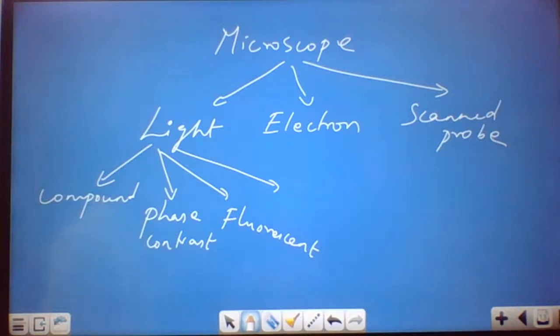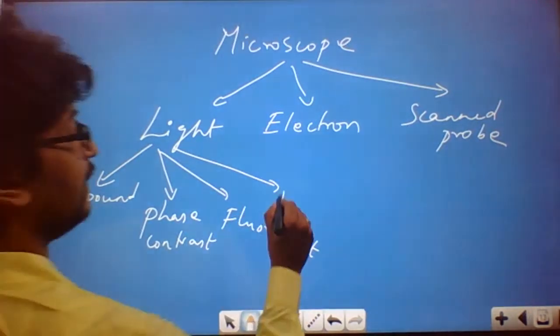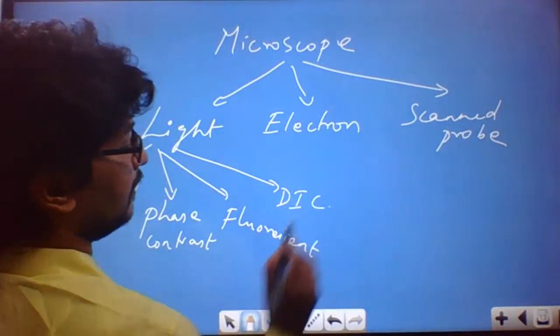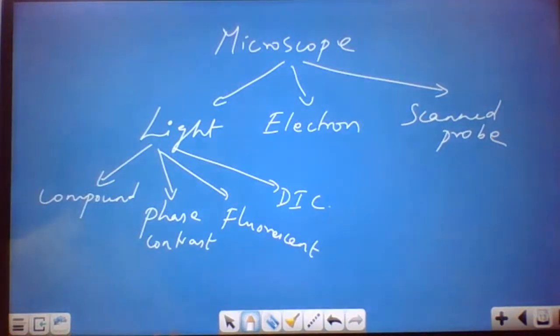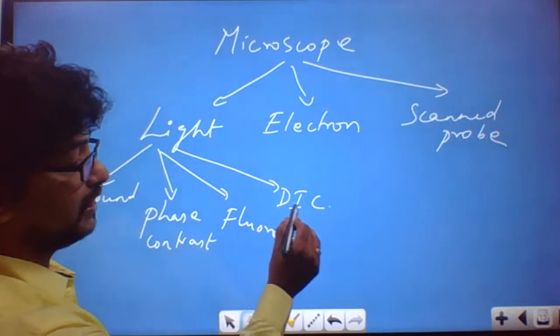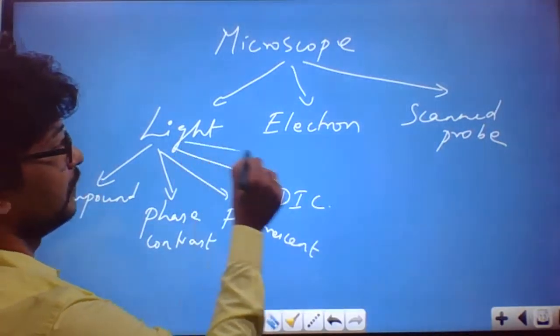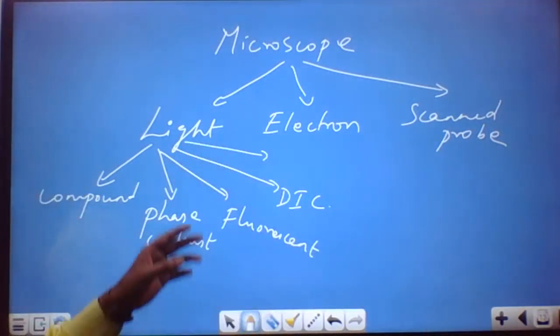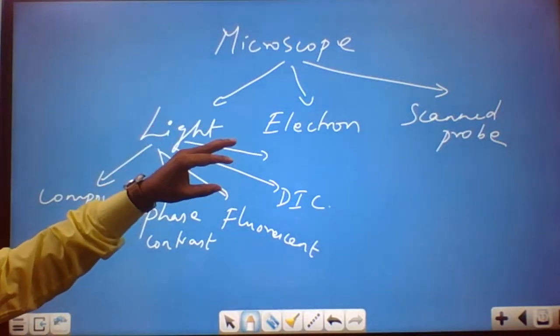DIC stands for differential interference contrast microscope.